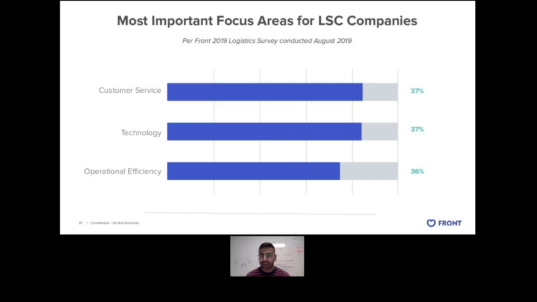But really, I think what's critical here is how technology plays a role, and how technology is now becoming the answer to solve customer service issues and to become more operationally efficient, right? But what is the technology to implement, right? And if you're still using Outlook or Gmail, which hasn't really kept up with modern day logistics and supply chain teams, you're not going to be able to achieve your customer service goals.